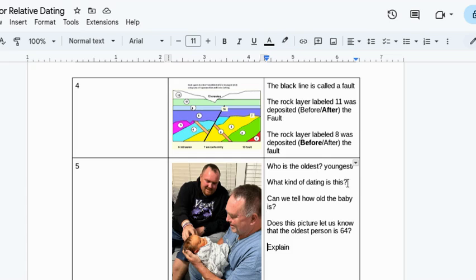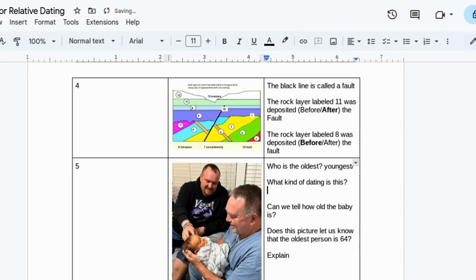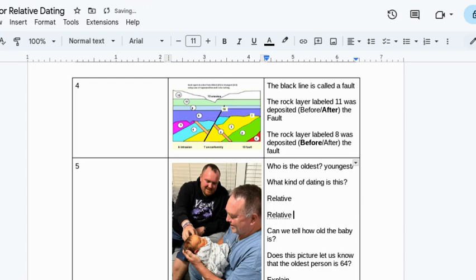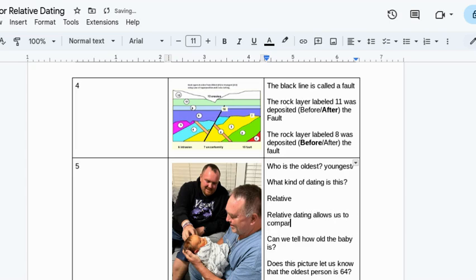This is called relative dating. It doesn't have to be just because I've got my relatives here, but relative dating allows us to compare. Now, it doesn't allow us to know the age.